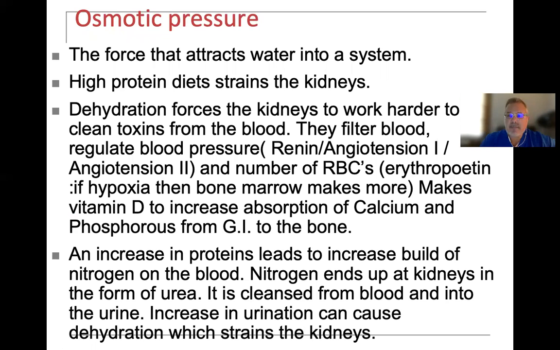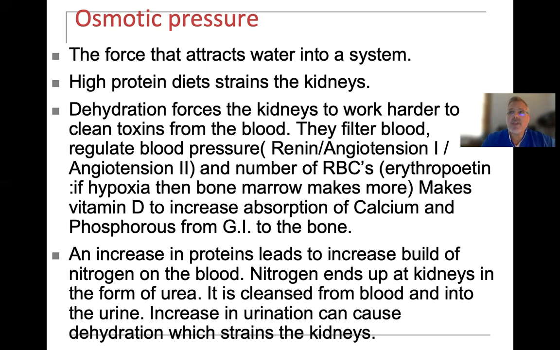The kidneys produce renin, a hormone involved in converting angiotensinogen, which is produced by the liver, into angiotensin 1.